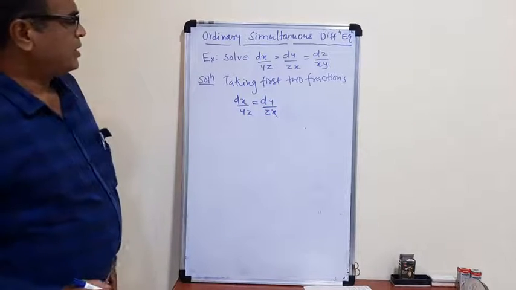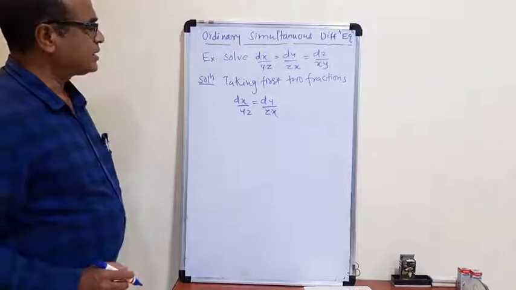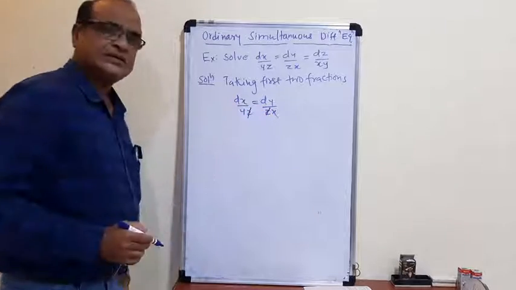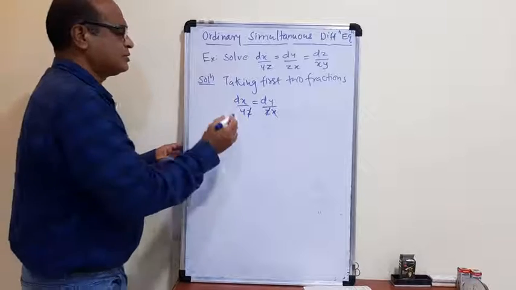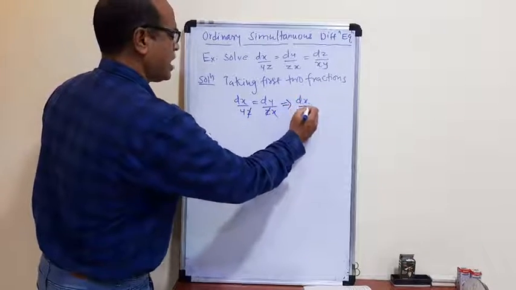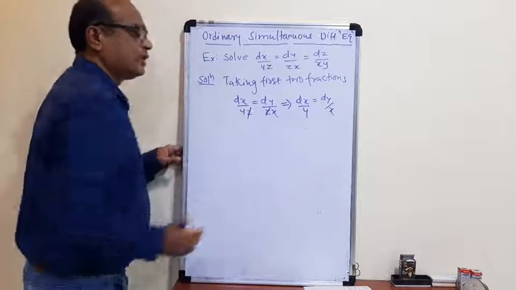Here z is cancelled. What is remaining? dx upon y is equal to dy upon x.